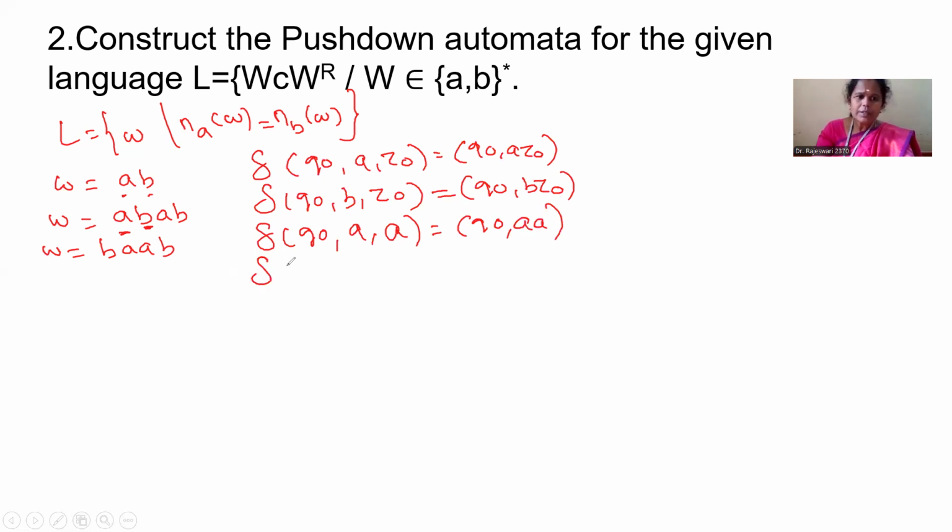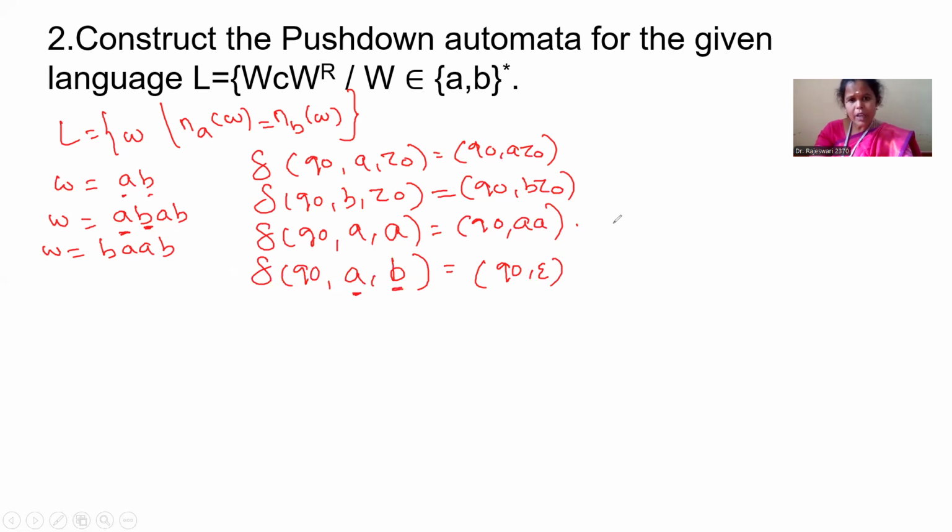Am I right? Suppose on the top of the stack we have B, and the input symbol is A. What are we doing? On the top we have B, but the input symbol is A, so you have to perform a pop operation. Let us keep the same state when we perform push and pop.